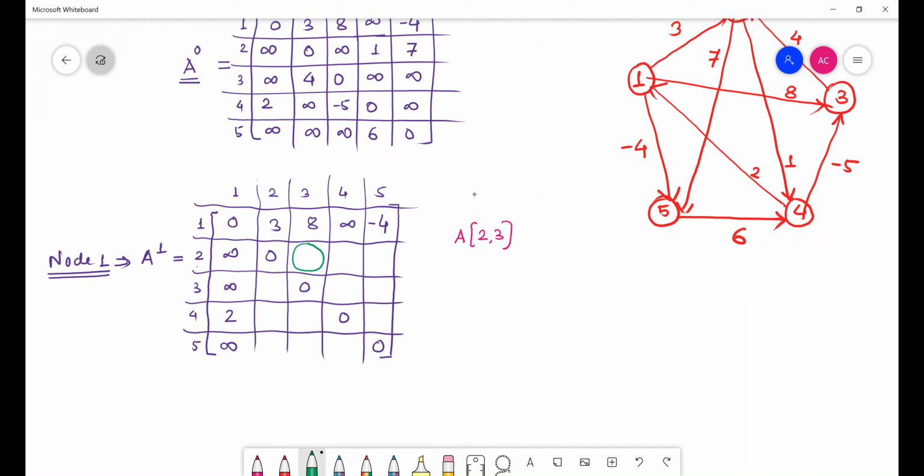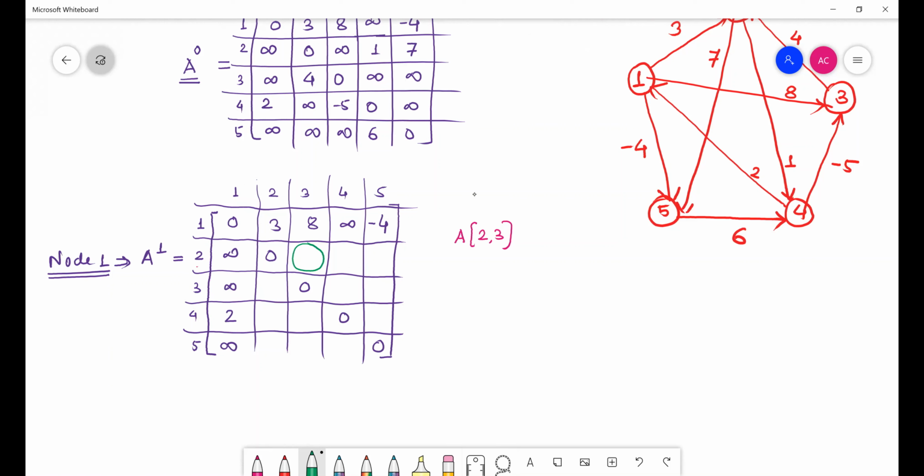Yes, sir. Now, because this matrix is for node 1, I need to calculate the path for 2 to 3 via 1. I need to reach these nodes via 1 only. This is fixed because we are creating the matrix for node 1. Similarly, we will create matrix for node 2, node 3, node 4, node 5, and so on.